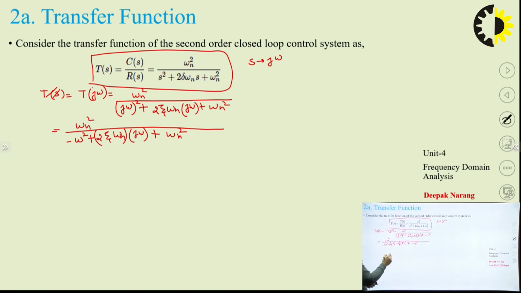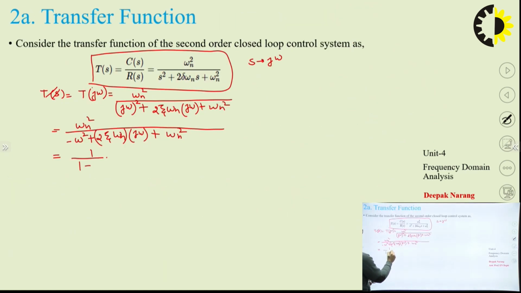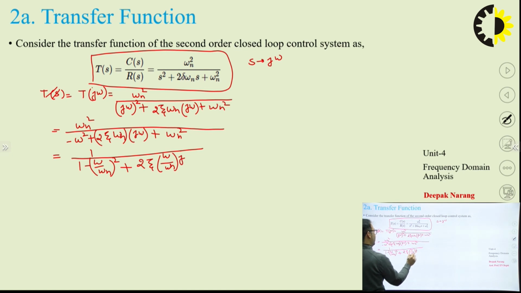Taking omega n square common, we get 1 upon 1 minus omega upon omega n whole square plus 2 zeta omega upon omega n j.